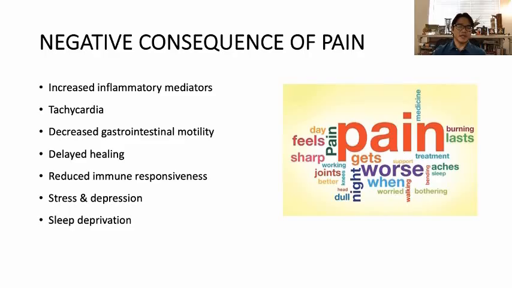It can cause tachycardia because it's painful, decreased GI motility, possibly constipation, delayed healing, reduced immune responsiveness, causing a lot of stress and depression. Also because of pain, the patient may not be able to sleep well, and because they're not sleeping well, the body is not healing properly. That is what we call the vicious cycle.